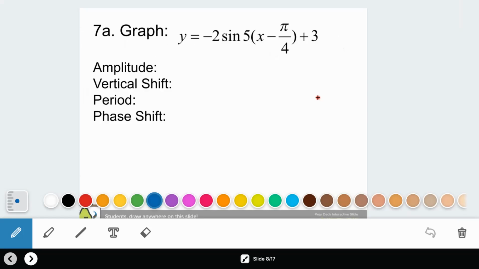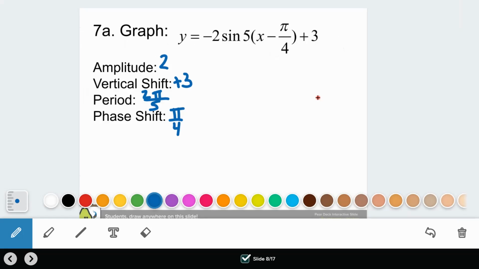Okay, so for this one, we're going to graph. My amplitude is 2. My vertical shift is +3. We're going up 3. My period is going to be 2 pi divided by 5. And my phase shift is going to be pi fourths.